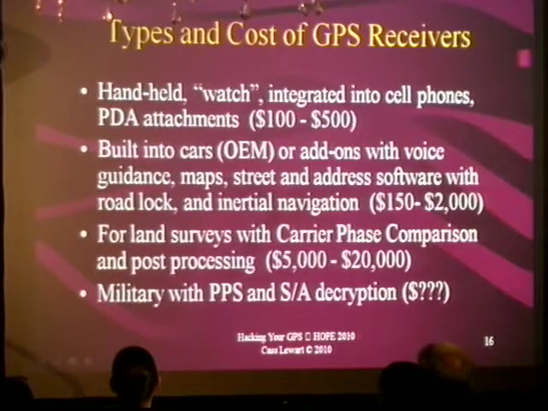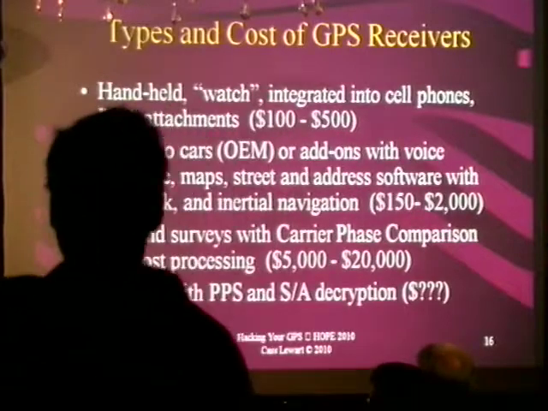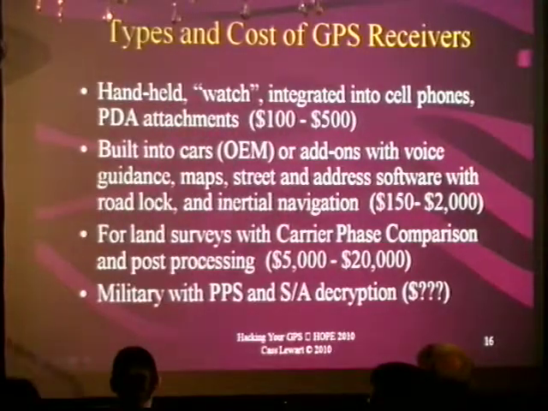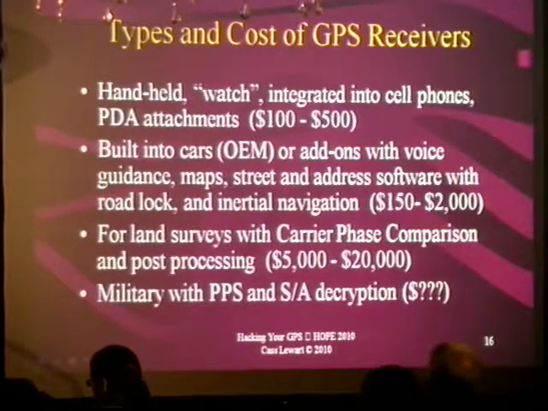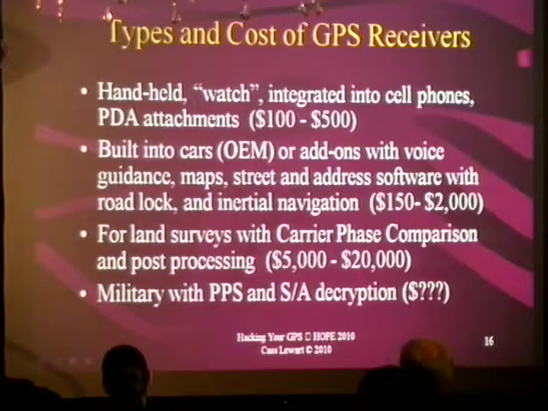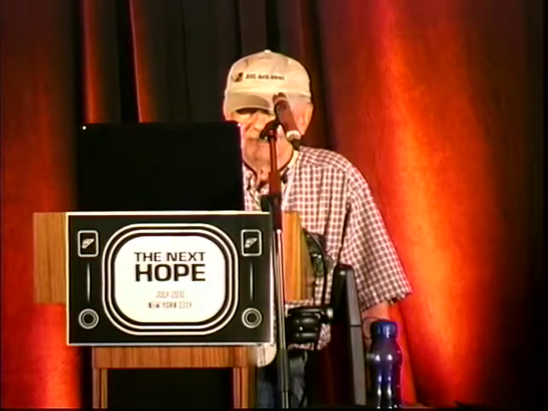And then you also have the surveyor types, where you talk about 10,000, and the military has their own line of GPS units, and God only knows how much they cost. They have built-in cryptography systems, so so far I don't know of anybody cracking it.